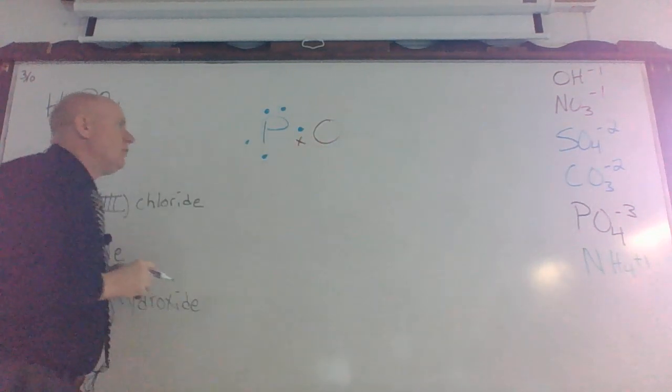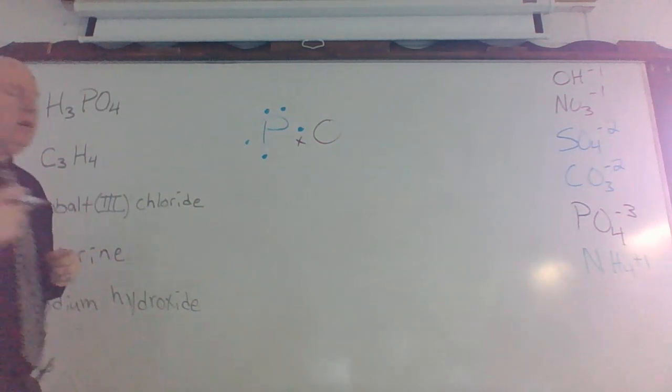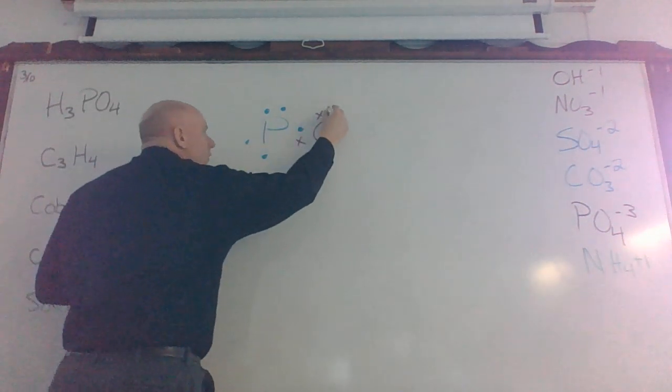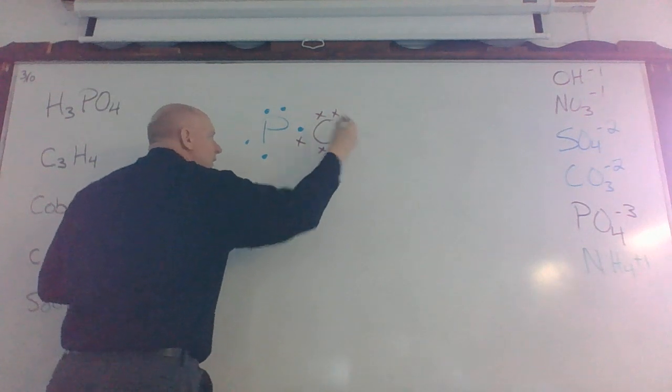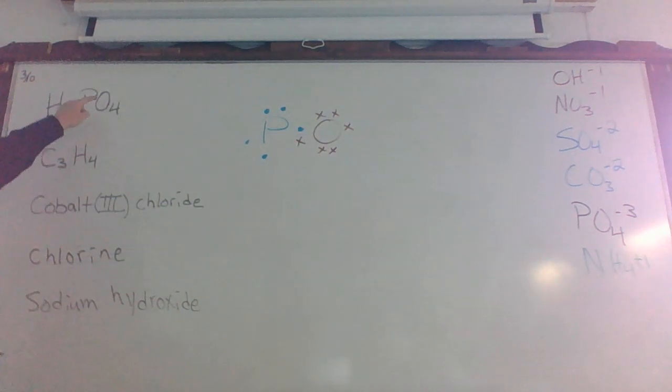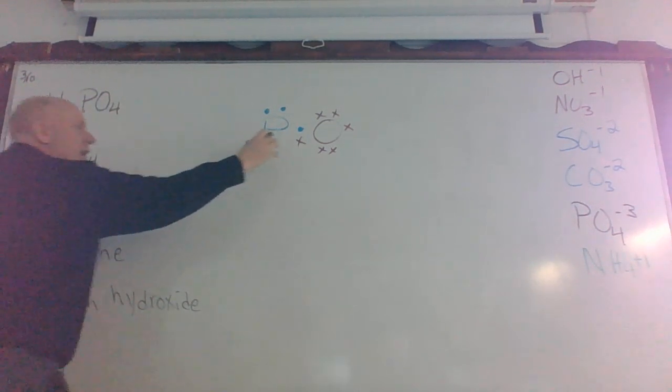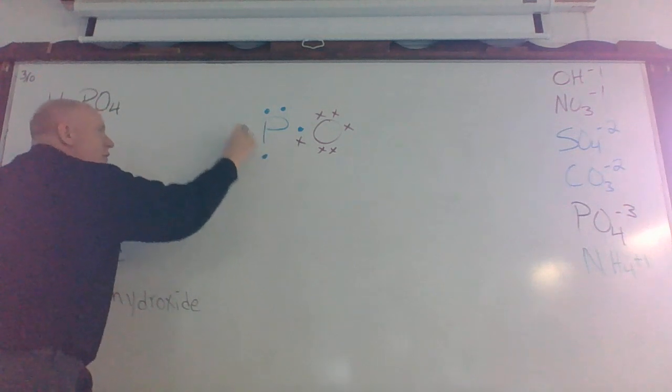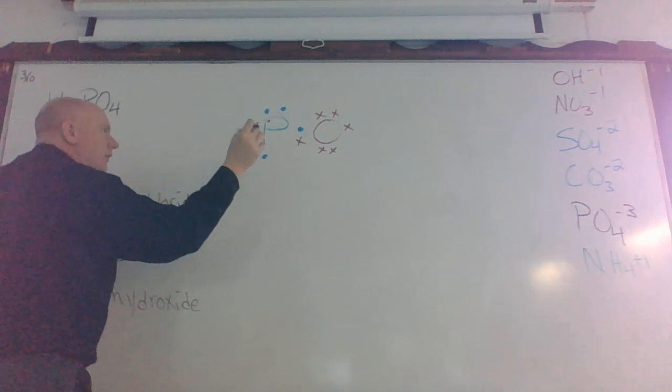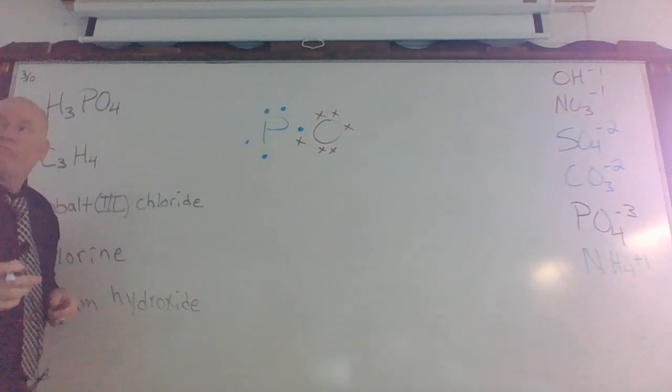And oxygen's in what column? Okay, so there's 1, 3, 4, 5, and 6. So there's 1 oxygen. Now what? We're down to 3. So if we made a bond with these dots, what do you suppose you're going to do with these 2? Same thing.